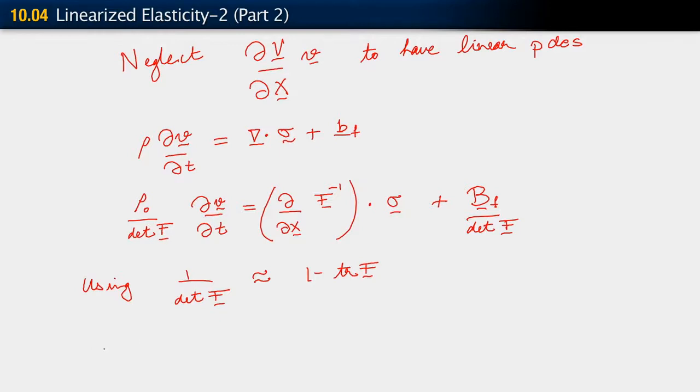Using all of this, we get 1 minus trace f times rho 0 times the partial of v with respect to time equals. Same business here: we write f inverse as, sorry, these are all approximations. So is this. So is this.